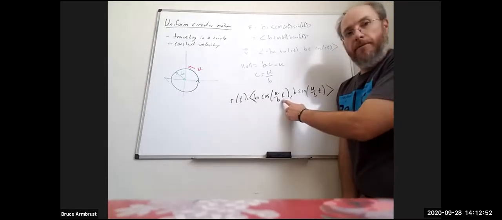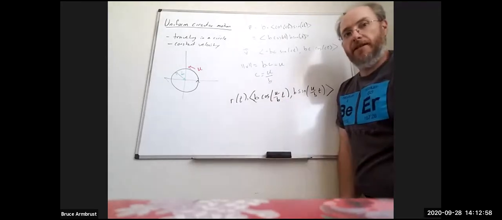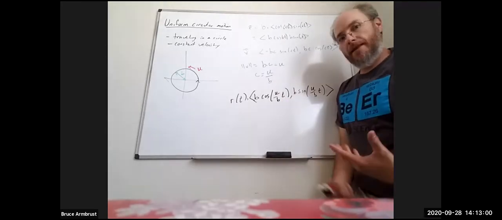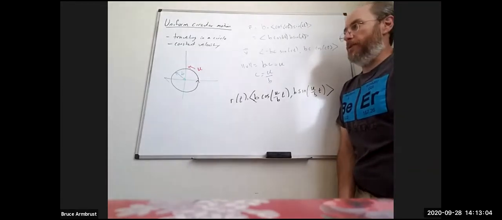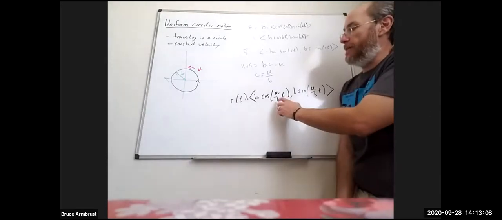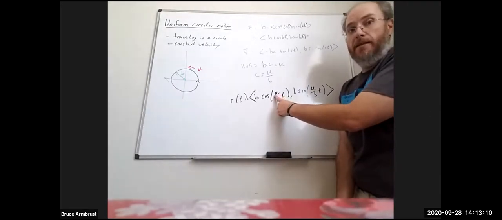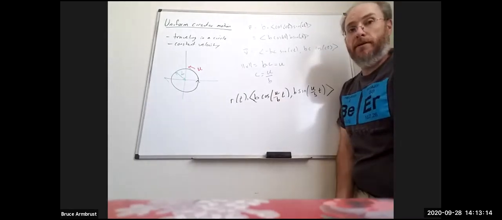So by putting in a multiplier in here, you're changing how quickly you go around the circle. You change the velocity. So that's what we have to do if we want some other velocity. But the multiplier is always going to be the velocity you want divided by the radius. Always.